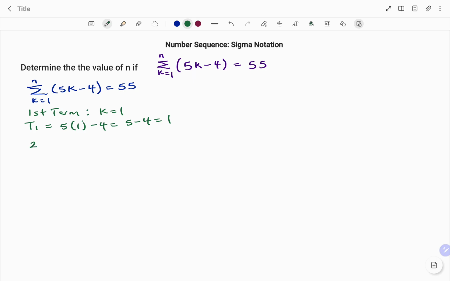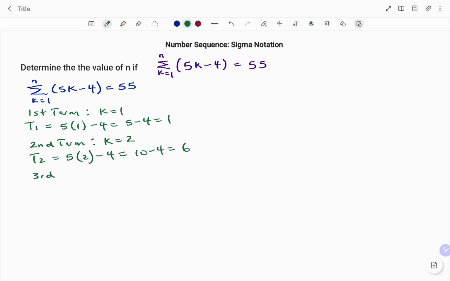For our second term, the value of k is equal to 2. So that means our t2 will be 5 times 2 minus 4, which is 10 minus 4, which is 6.